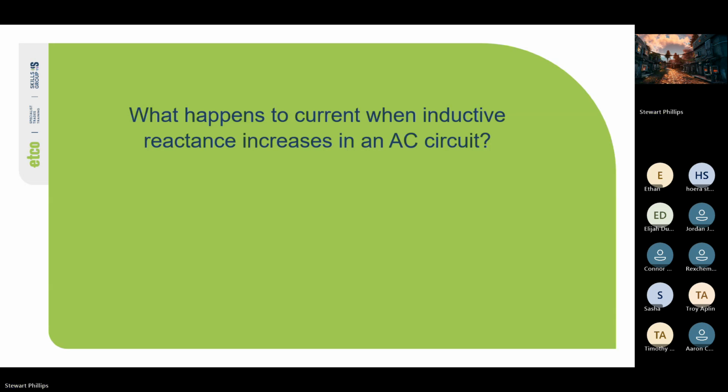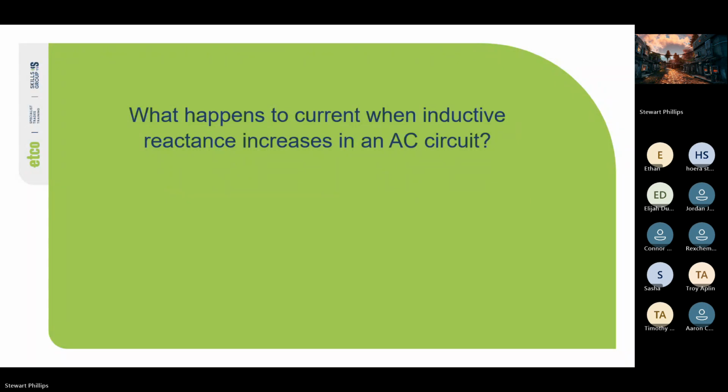What could that be? Yep, so we have a lag behind the voltage. We have current opposition.